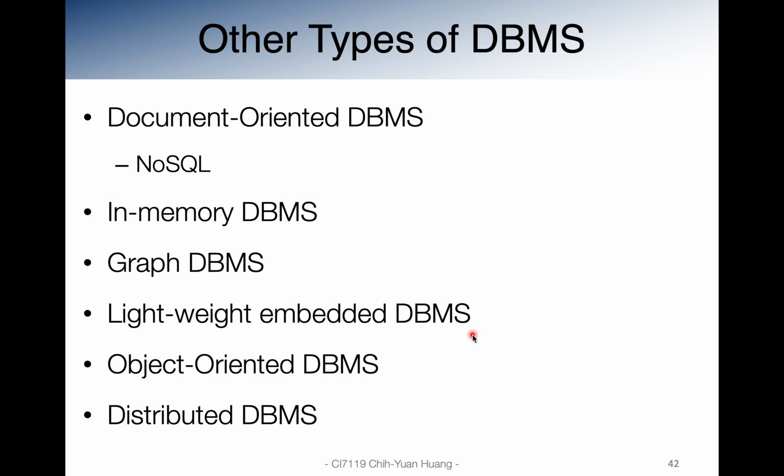The object-oriented database management system is one special type of DBMS, and distributed DBMS is also one solution to address the big data storage issue. If you are interested in knowing more details of those DBMS, you are encouraged to take a look at those different types of DBMS.